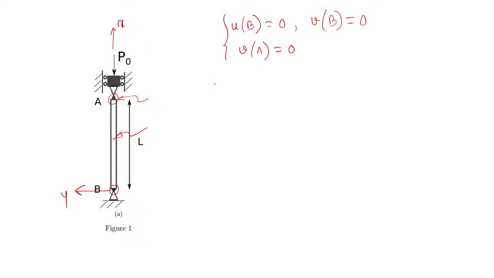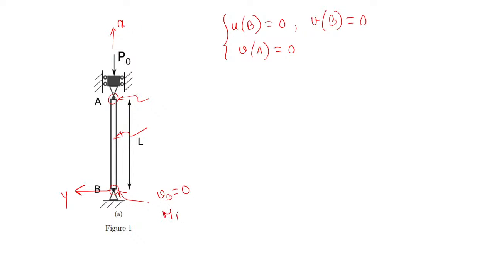In this case we have taken the Bernoulli beam problem, so we are only interested in the transverse deflection and the slope. At point B, your transverse displacement is 0, so vb is equal to 0, or y at B equals 0, but your slope is not restricted, so it can freely rotate about that point because it's a pin joint.